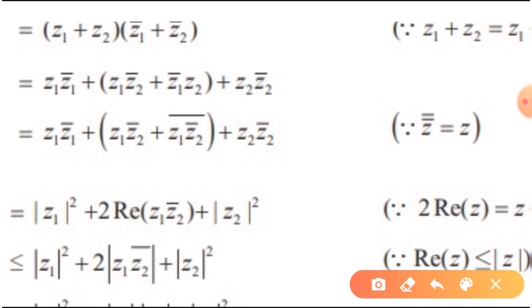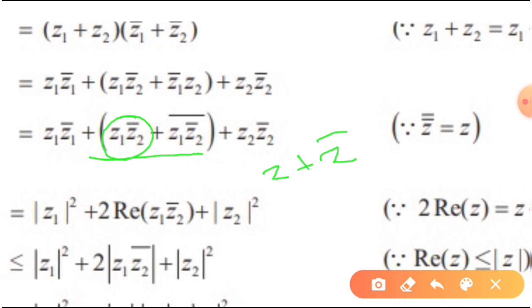Look here, this is of the form z plus z bar. Let us consider z1 z2 bar as z.